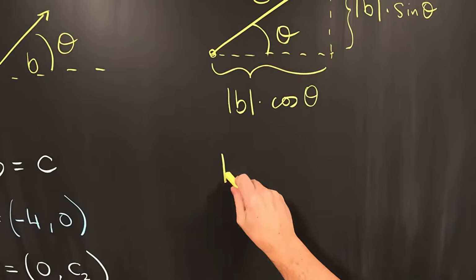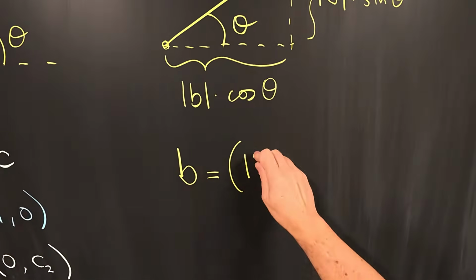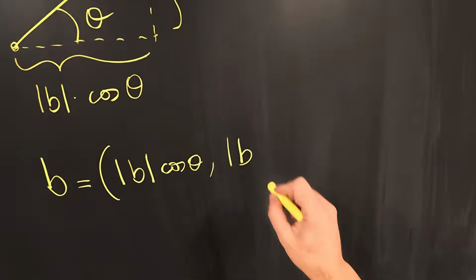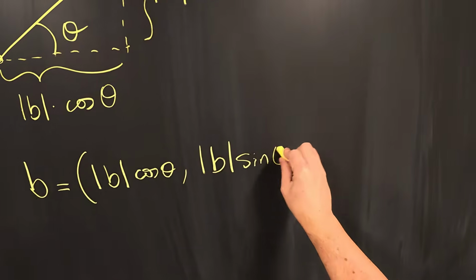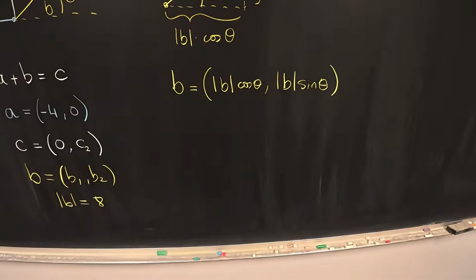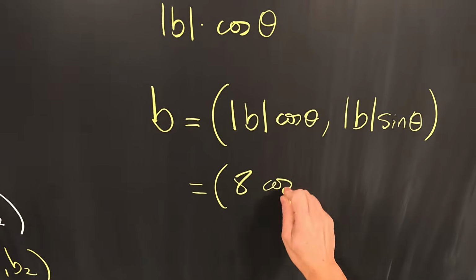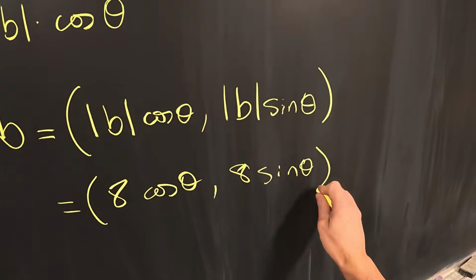So now I know the coordinates of my vector B are the length of B times cosine theta, and the second coordinate, the y coordinate, is the length of B times the sine of theta. I do know what the length is. It's 8. So this is 8 cosine theta, 8 sine theta.